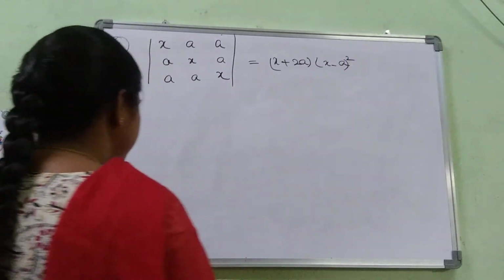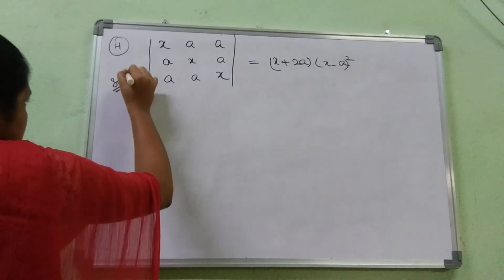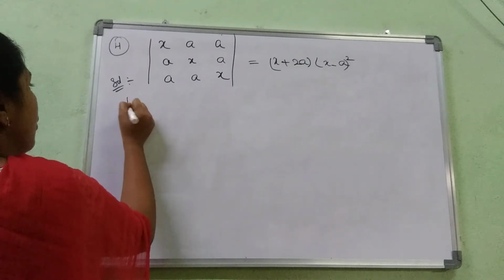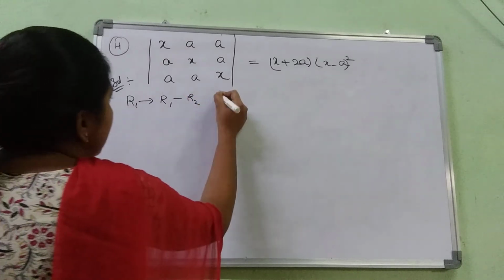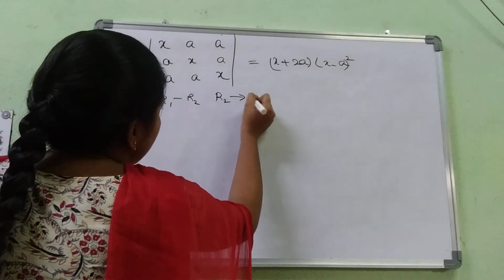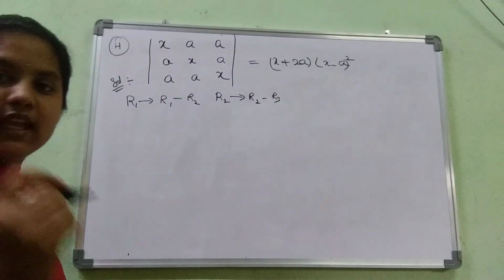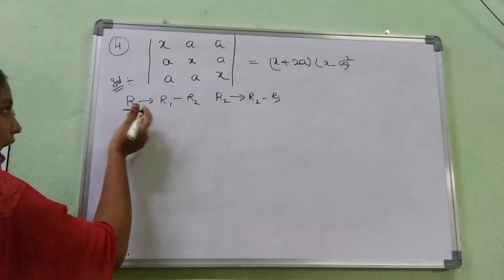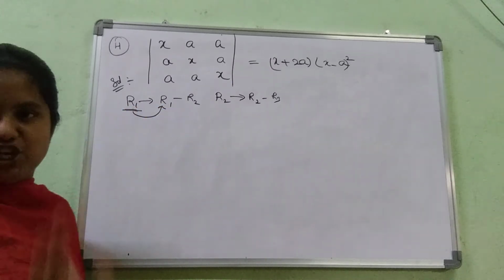Okay, so now I'll solve this question by row operations, that is row 1 implies R1 minus R2, R2 implies R2 minus R3. Once again I am saying one of the important things is, while we are doing the operation on one of the rows, the other row should be as it is here without any coefficient.